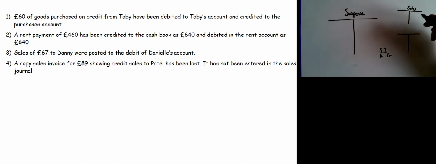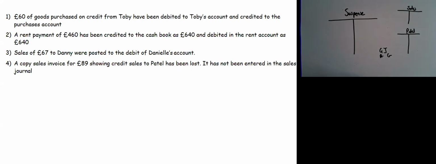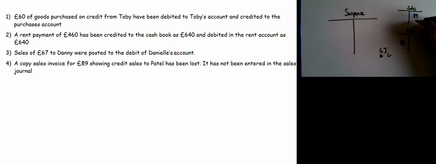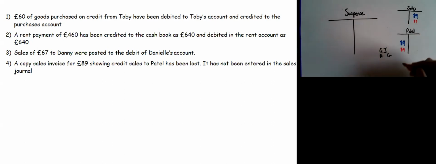And we would also have Patel's customer. There's been nothing put in them, but we should have had 89 credit sales and 89 debit Patel because he's a customer. So to fix it, we're going to do just that, 89, 89. So Patel gets debited 89, and sales gets credited 89.